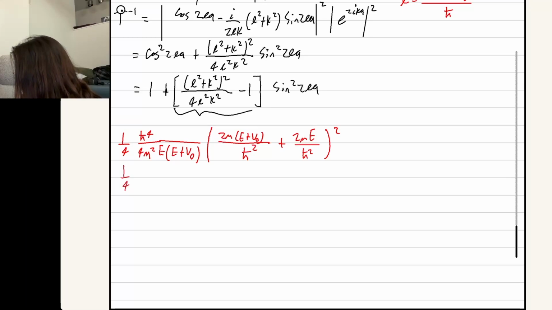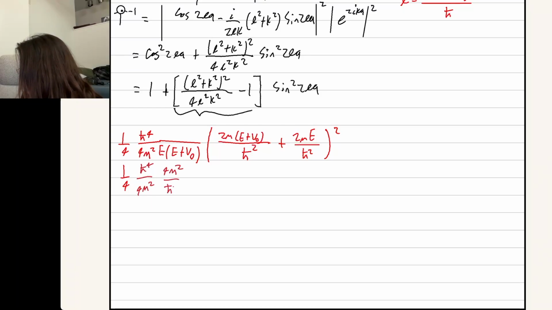Okay, I feel like we're really getting somewhere right now. Let's just take off the h bar fourth over 4m squared, because this term, when we square it, we're just going to end up with a 4m squared over h bar fourth as well.